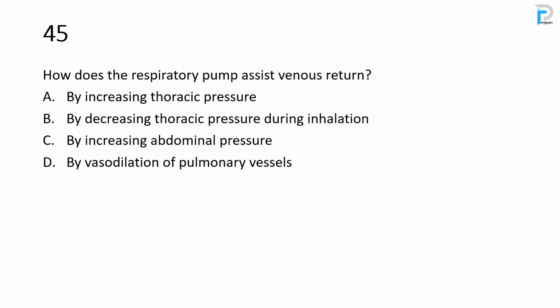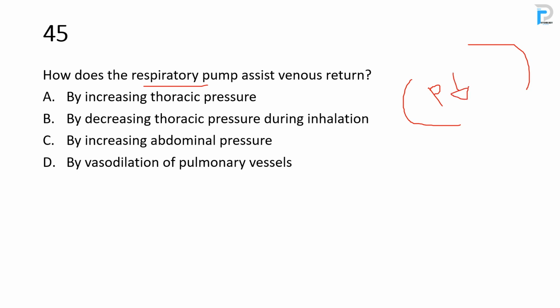How does the respiratory pump assist venous return? Our venous return increases during inhalation. The reason is, while we are inhaling, our chest wall gets bigger. So when the chest wall gets bigger, the intrathoracic pressure becomes less.